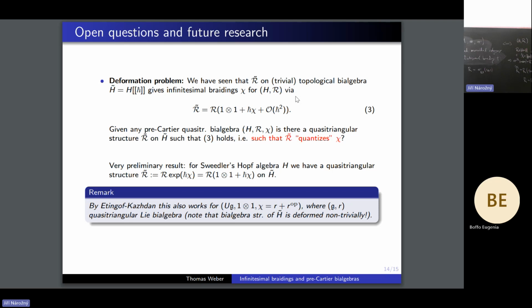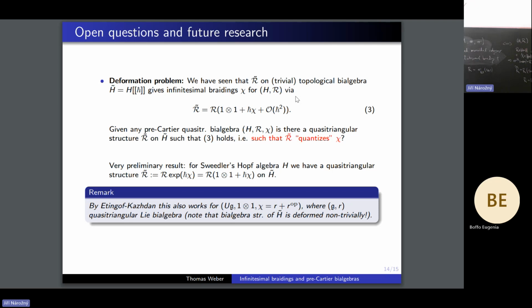The thing is that there should be some relation with the Etingof-Kazhdan quantization of quasi-triangular Lie bialgebras, because in this case, what they showed is that if you start with such a small r, you can find, so here you know that your chi is basically the small r in this case.